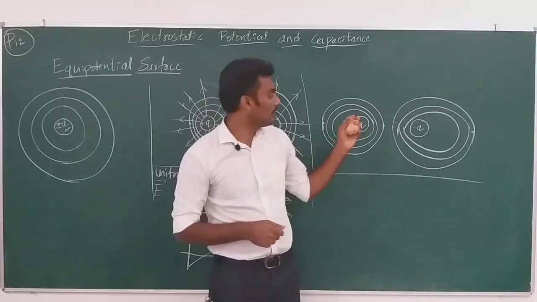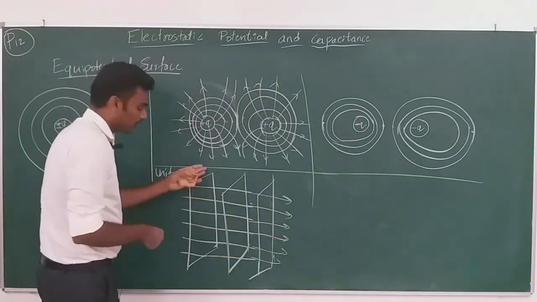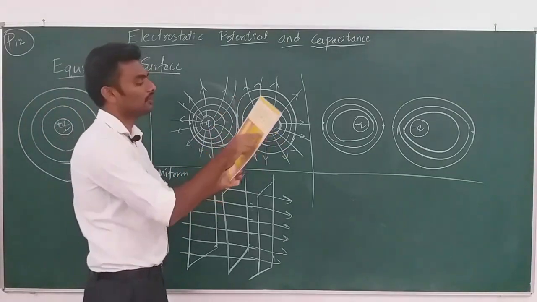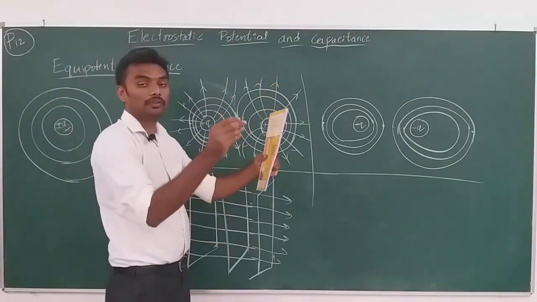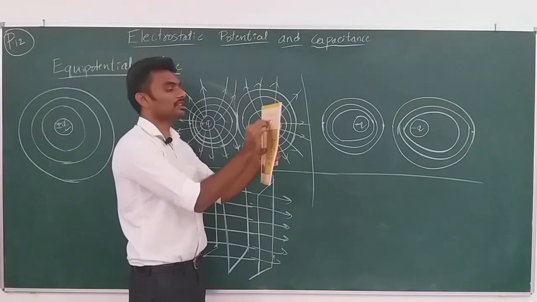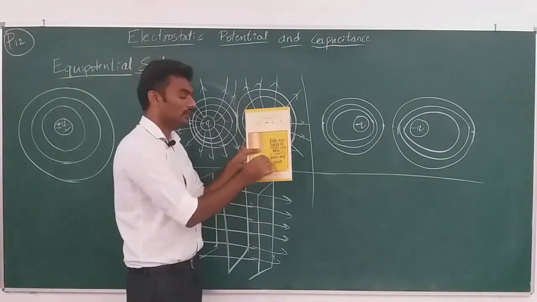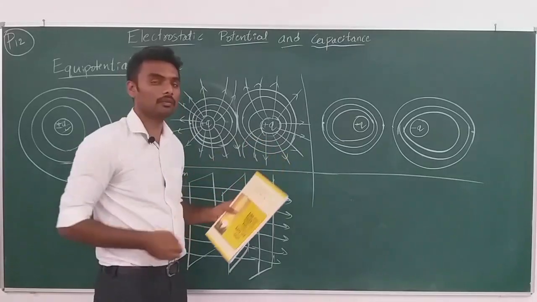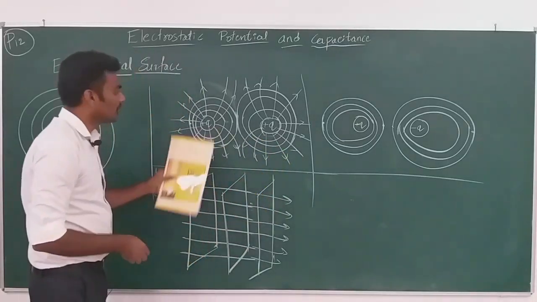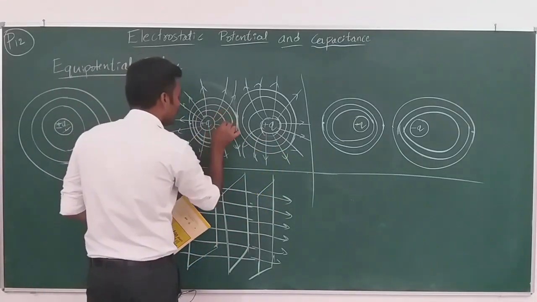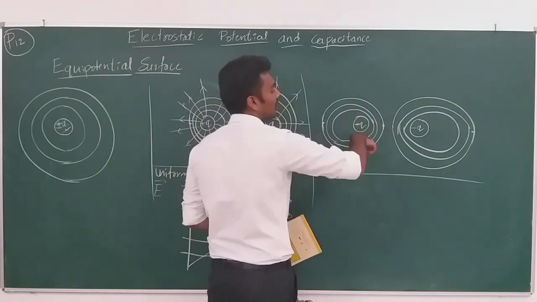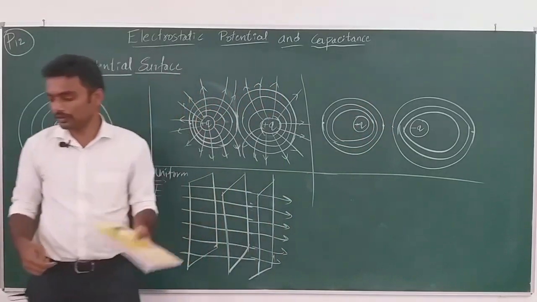Here these are the equipotential surfaces; say this book is the equipotential surface. I don't need to do any work in order to move a charge on this equipotential surface. That is why I call it an equipotential surface. Similarly here, if I want to move a charge from here to here, no work has to be done, and even on this. So those are the three properties.